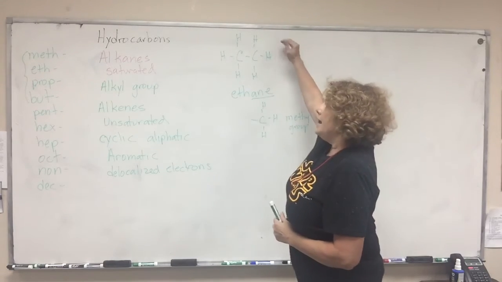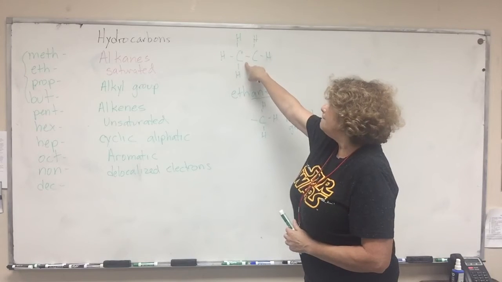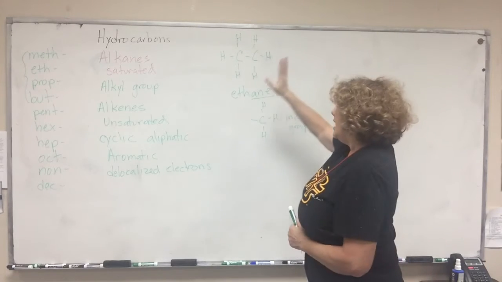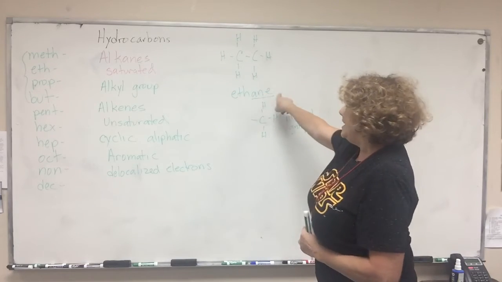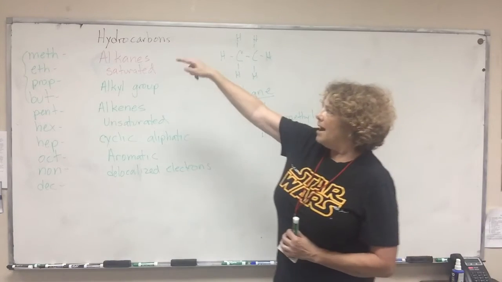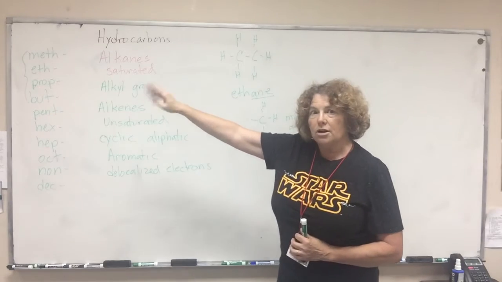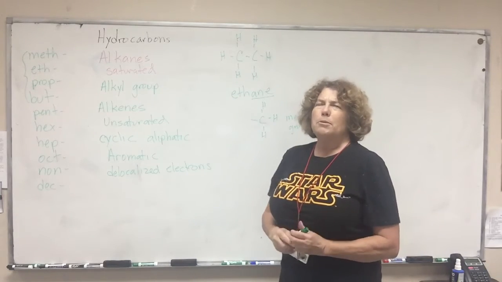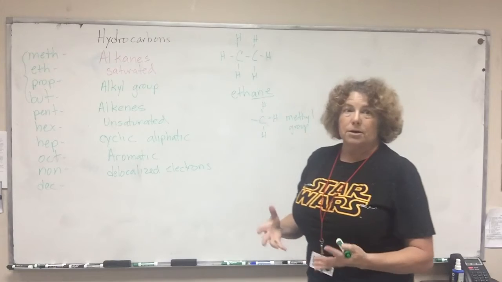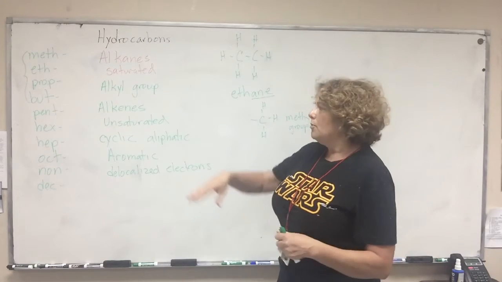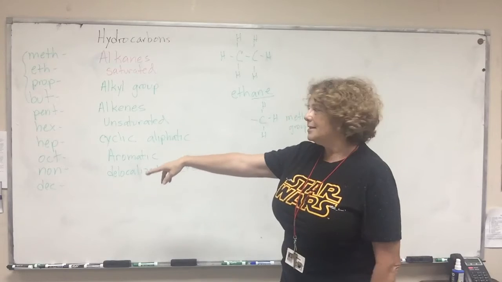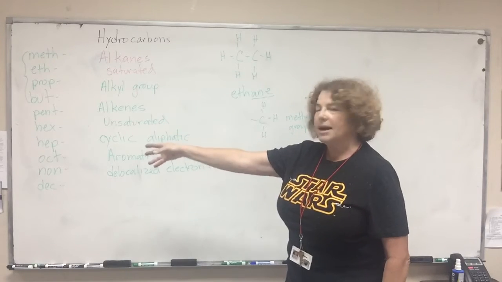So an alkane is a single bond. It's saturated, and you name it by adding the A and E to the end. Meth, eth, prop, but are the first four. You can remember them by saying mom eats peanut butter, because they're not like your polygons. All the rest are named just like polygons, like you have a pentagon, a hexagon, a heptagon.